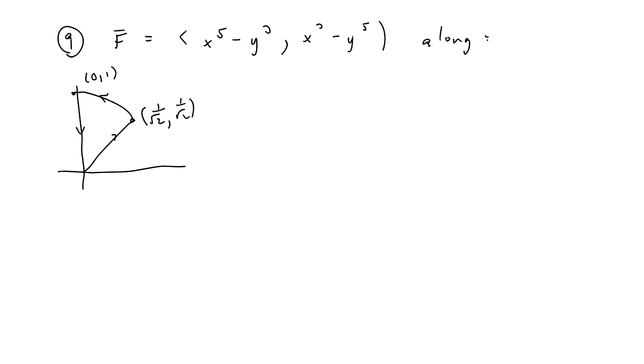So it is going from the origin to the point 1 over square root of 2, 1 over square root of 2, and going along in the counterclockwise direction the circle of radius 1, and then going from 0, 1 along the line back to the origin.